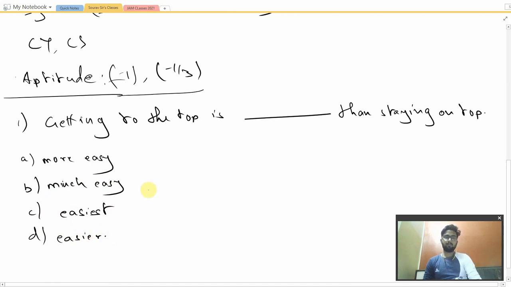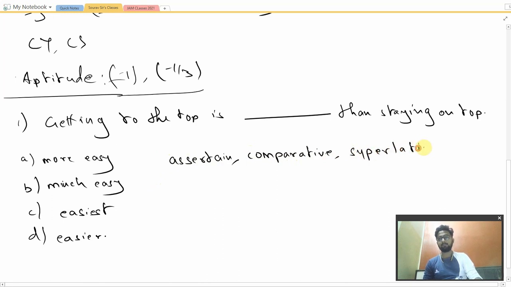This is a comparative. In normal English we know that there is an assertion, a comparative, and a superlative. For example, assertion is good, comparative is better, and superlative is best.